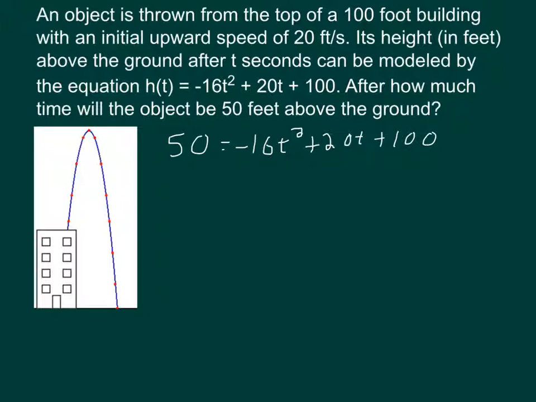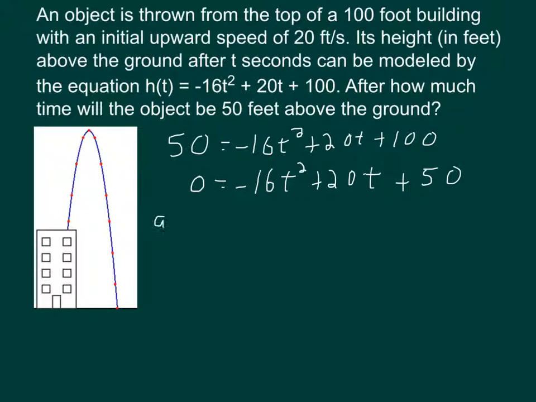Now I want to solve an equation, but in order to solve it using the quadratic formula, I first have to get something equal to 0. So I'm going to take this 50 and subtract it so I can move it to the other side. When I move it to the other side, I have 0 equals -16t squared plus 20t plus 50 because of the 100 minus 50. Now this is set up so that I can use the quadratic formula.